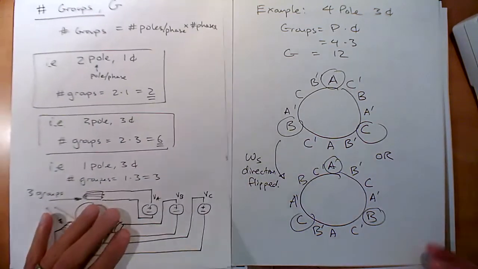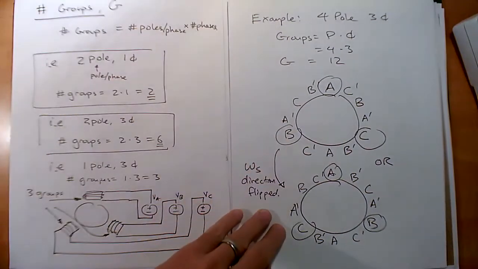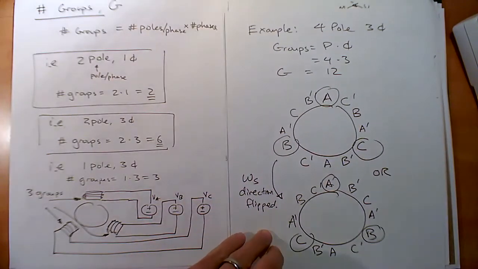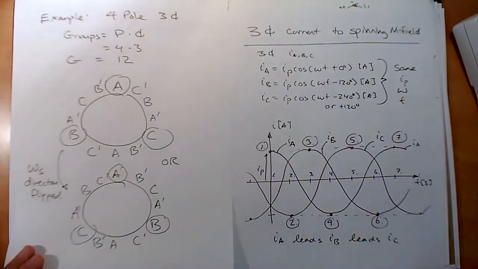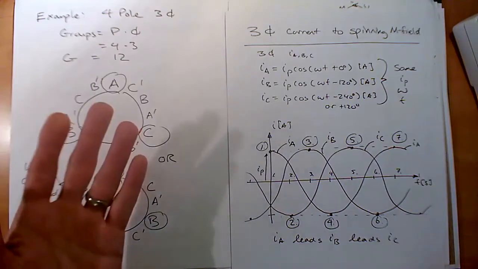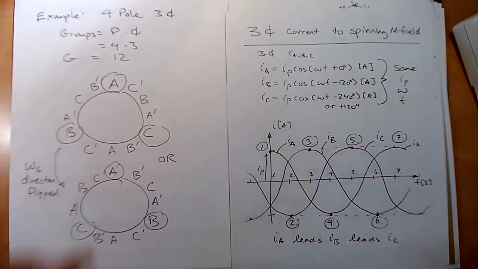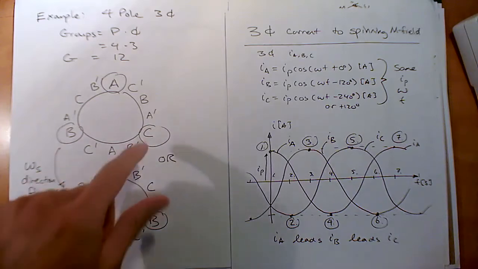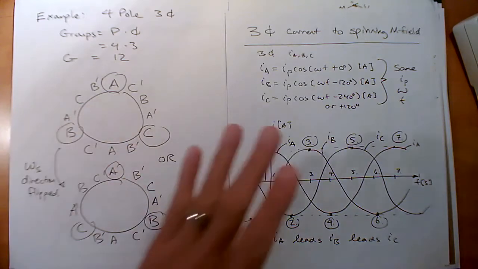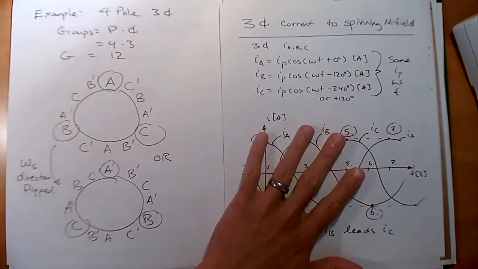All right, good. So let's see how these things create a spinning magnetic field and how it alters the spinning magnetic field. The last time we looked at something like this, we had a 2-pole per phase system, and we had the same 3-phase balanced current.